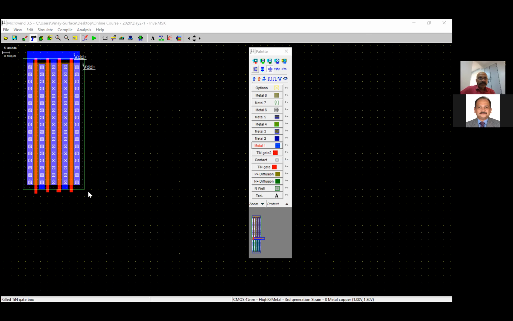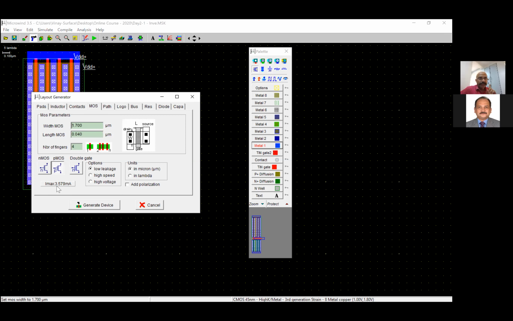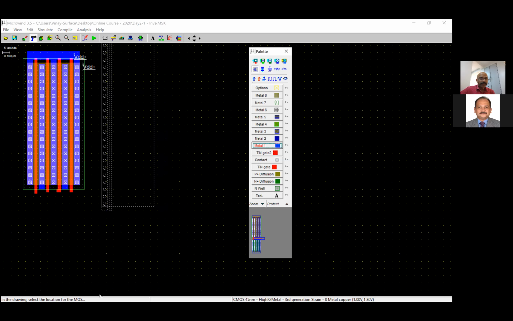As you remember, the PMOS was having a drive strength of 3.5 milliampere. So I go with it, and I make the NMOS something more powerful, maybe 5 micrometer.